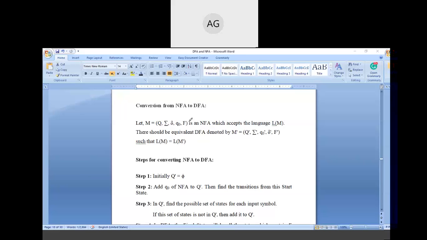As you can see on your screen, the topic is conversion from NFA to DFA. There is a particular algorithm and we need to follow it in order to solve the questions related to the conversion from NFA to DFA.